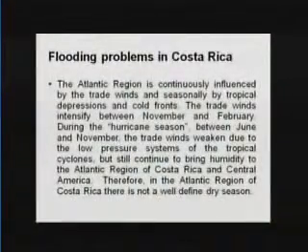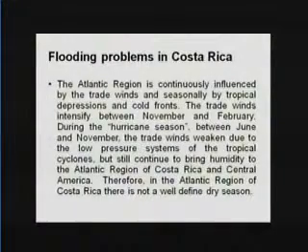Now, just a little discussion on how this system works. The Atlantic region, as I mentioned, is influenced by the trade wind, a permanent system of winds. The trade winds intensify between November and February, and during that time we have flooding problems on the Atlantic region.